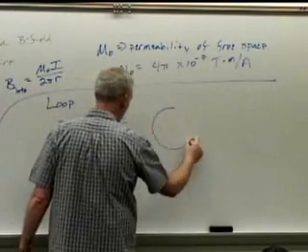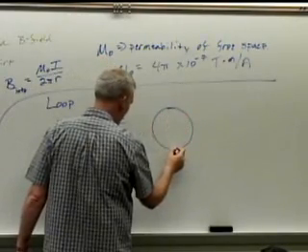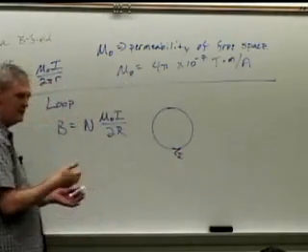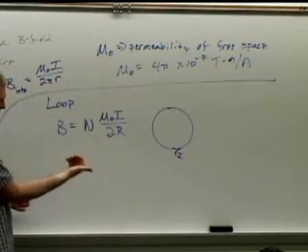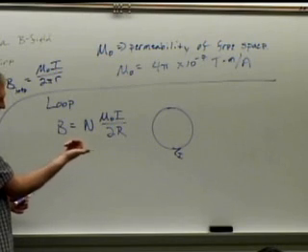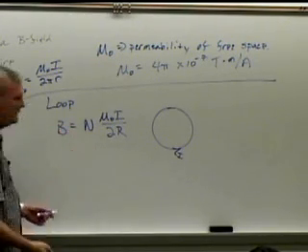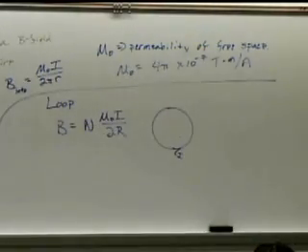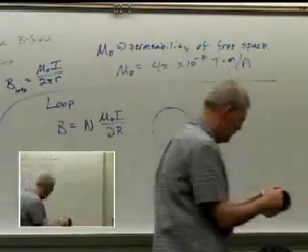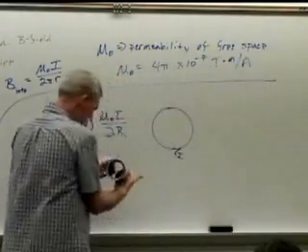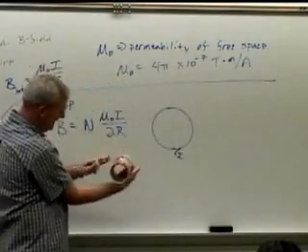So let's draw a coil going like this. Let's have the current going this way. So I is going that way. So which way is the B field going here? Right. This one is just like this. I got it.